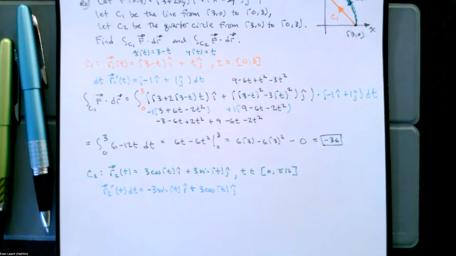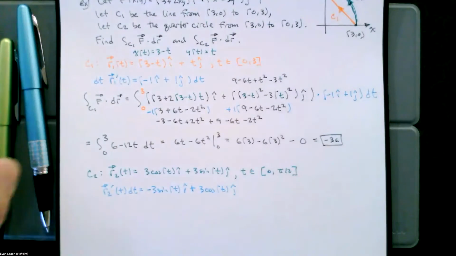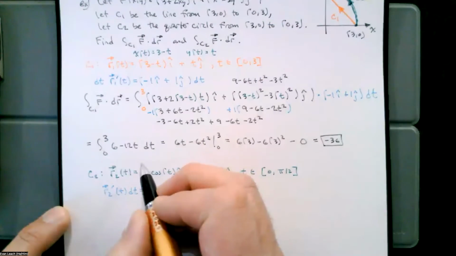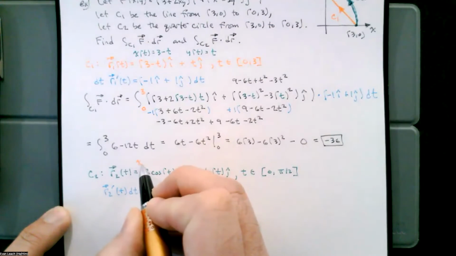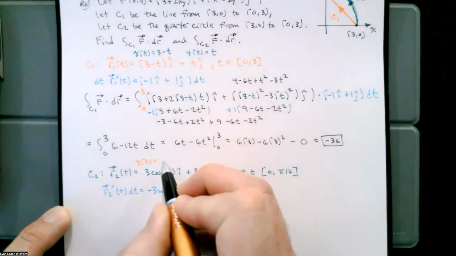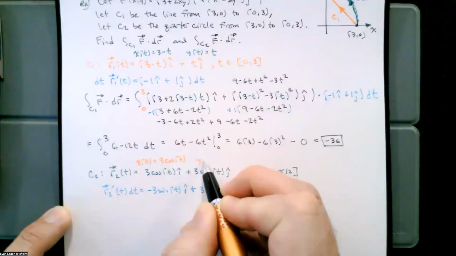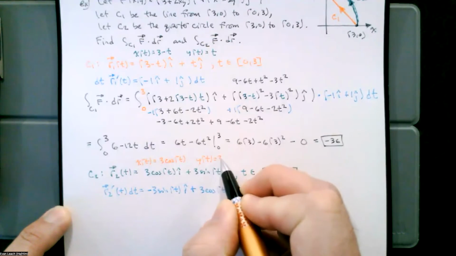Now that we have C2 parameterized, we can start setting up our line integral. We need to evaluate the vector field along our curve, and then set up the dot product. Here, our x of t is 3 cosine t, and y of t is 3 sine t.